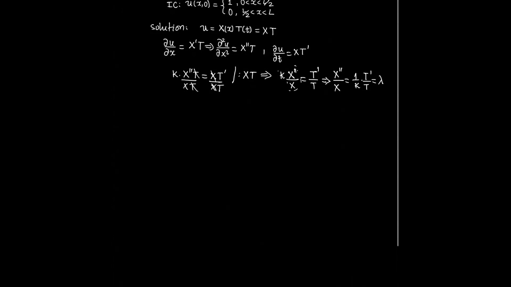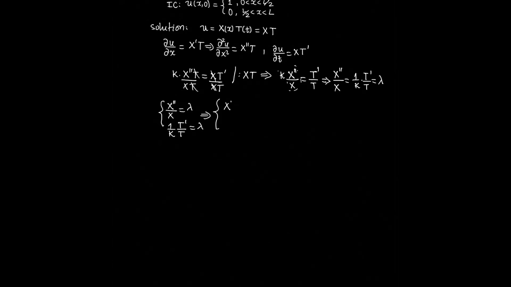Now I can separate: X double prime over X equals lambda, and 1 over k times T prime over T equals lambda also. This leads me to X double prime minus lambda X equal to 0, and this other one is a first order ODE. Since it is first order, it doesn't matter what lambda is, the solution won't change.